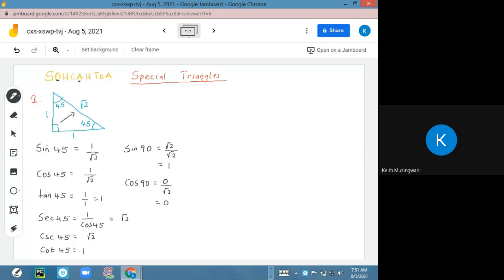And then tan 90, you are talking of sine 90 over cos 90. So undefined. Or opposite over adjacent, the adjacent is just 0. So root 2 over 0 is undefined. So tan 90 undefined, and then sec 90, you use 1 over cos, again undefined. For cosec 90, you get 1. Cot 90, you get 0.